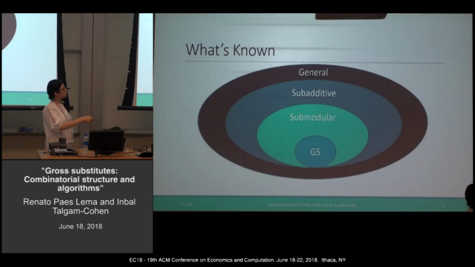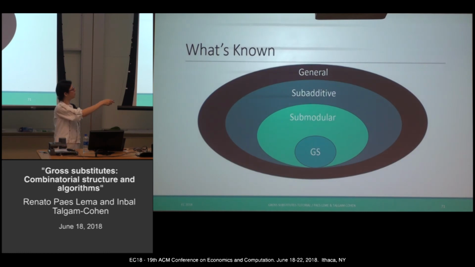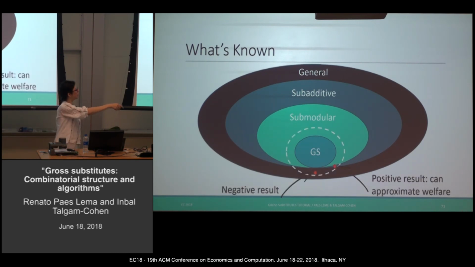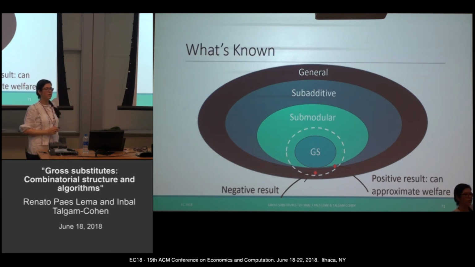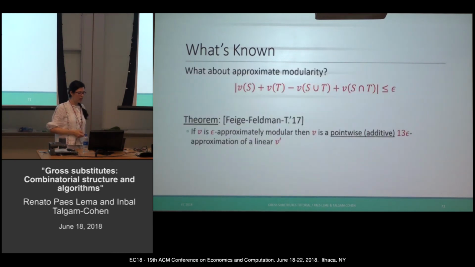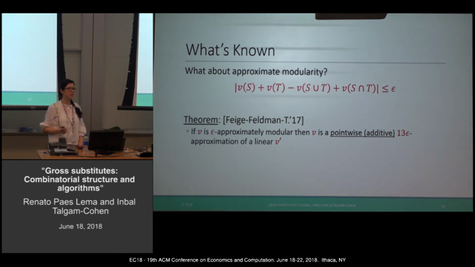So we know some good things happen if you're close to submodular. And what the result I just mentioned shows is that if you are close to gross substitutes, but you're not close to submodular at this point here, then you can't do anything. But if you're in some sense close to both, then there's hope. Okay. Now, that was a mostly negative result.